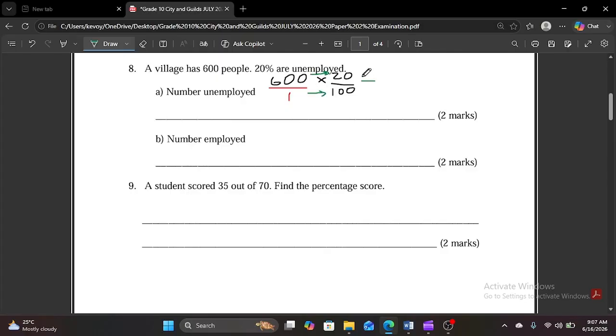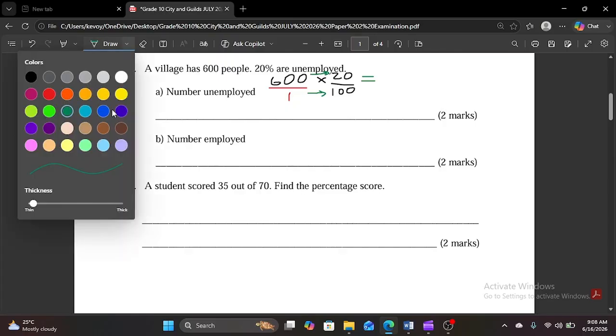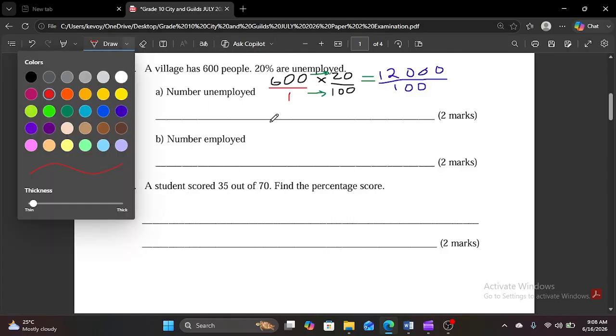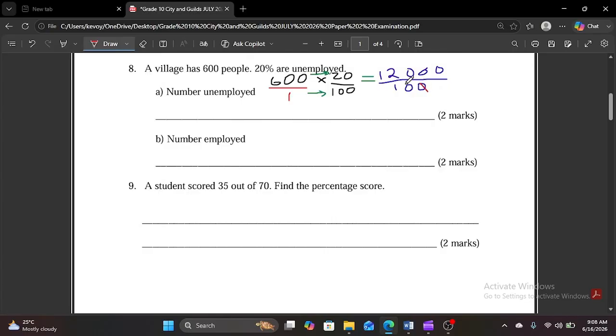So 2 times 6 is 12, and you put the zeros in both numbers, so that's going to be 3 zeros, all over 1 times 100, that's 100. Then you cancel your zeros, and now we're just left with 120.